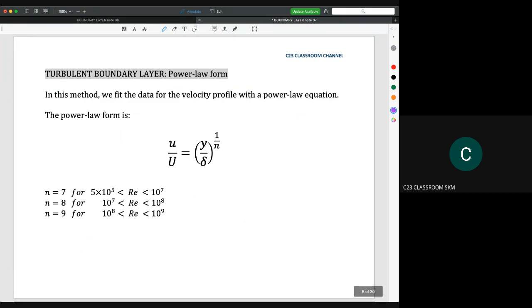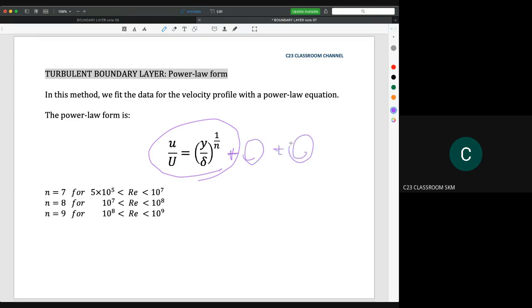Okay, so in this method, we assume the velocity distribution inside the turbulent boundary layer by using this form. We assume that u over U is equal to y over delta to the power of 1 over n. It means that for turbulent boundary layer, you will not have any extra terms like plus blah blah blah.